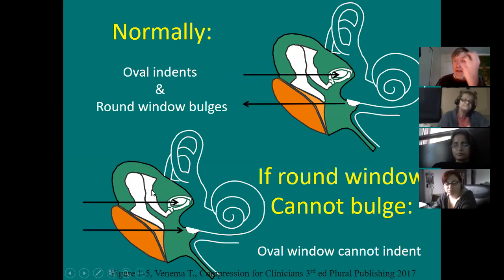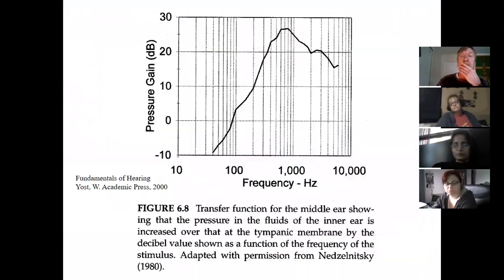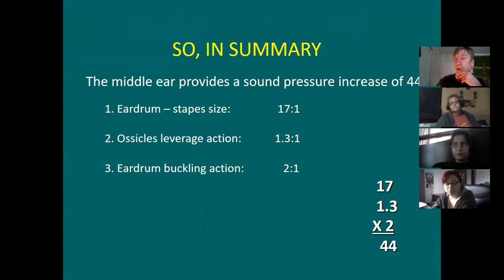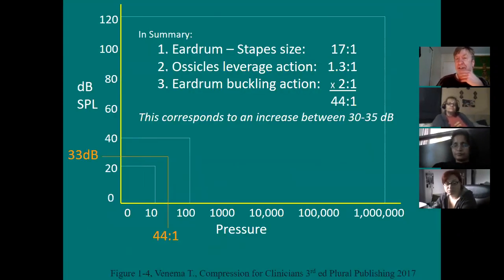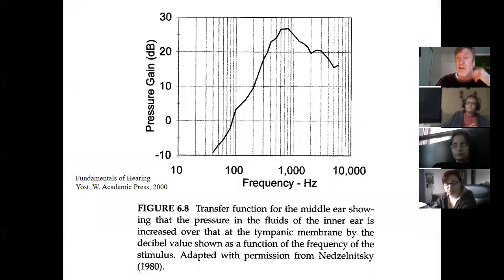If that trade-off interaction can't occur, then it doesn't matter about these three elements. Those aren't going to occur either, of course. But your hearing loss will then be worse than 30 to 35 dB. So your hearing loss can be much greater.